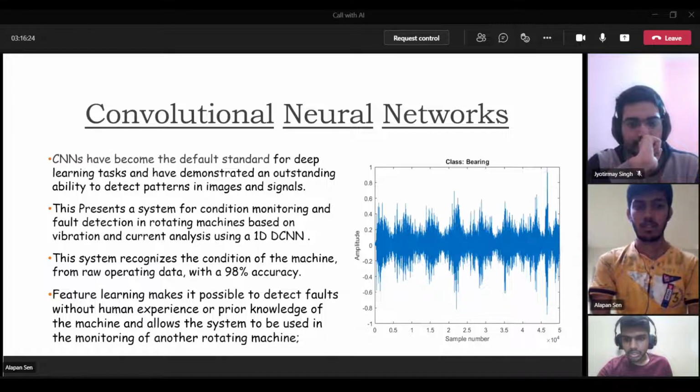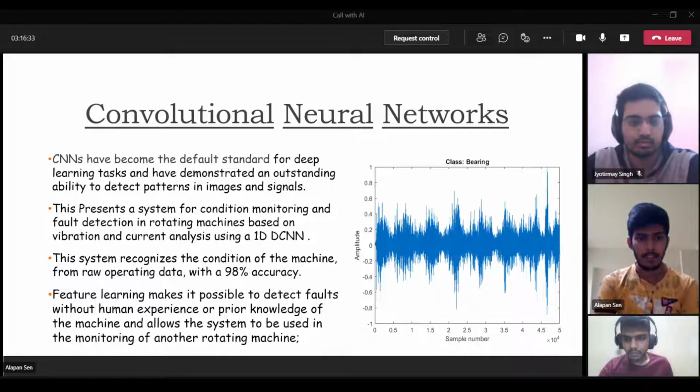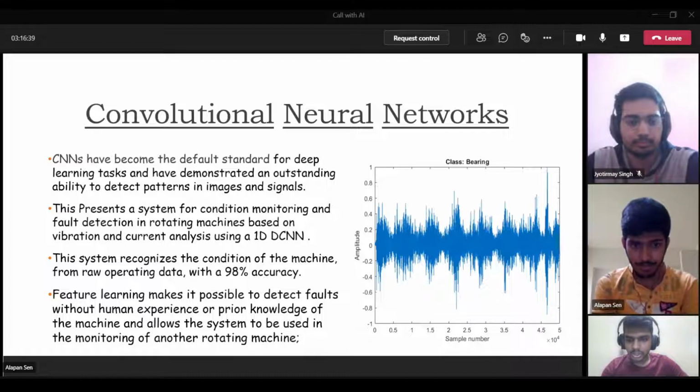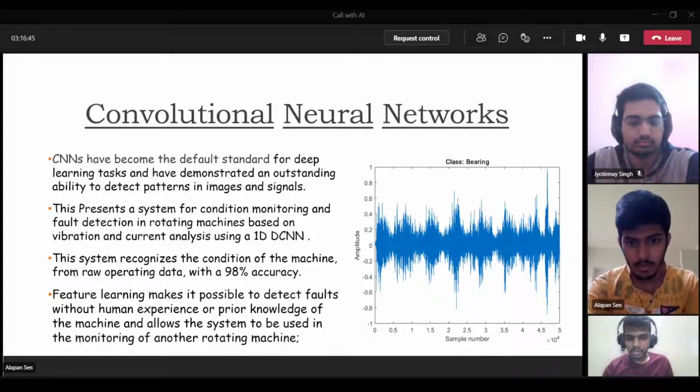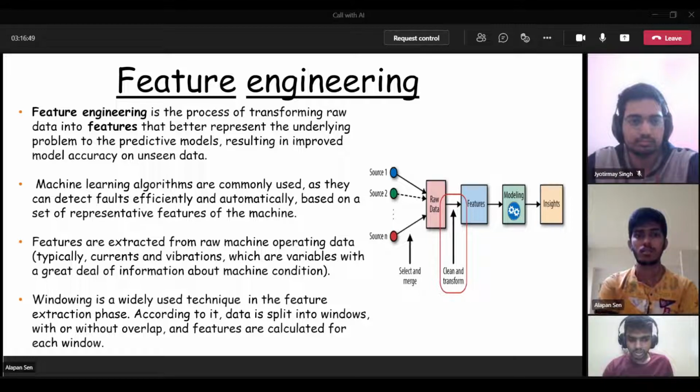This system recognizes the condition of the machine from raw operating data with an accuracy of 98%. The feature learning makes it possible to detect faults without human experience or prior knowledge of the machine, and allows the system to be used in the monitoring of other rotating machines. So now my friend Jyotirmay will take over.